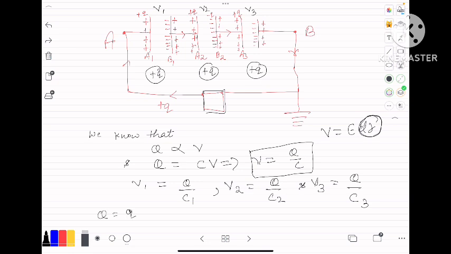Therefore, V, which is equal to Q upon C, will be equal to V1 plus V2 plus V3.